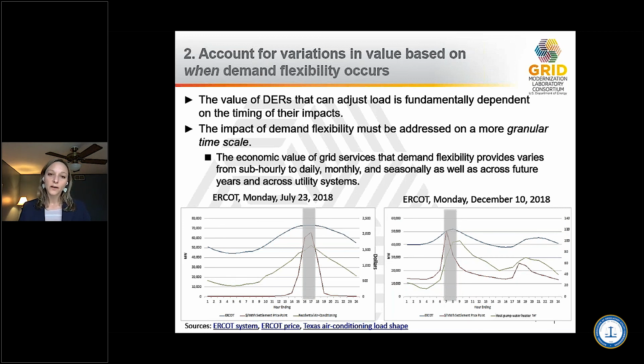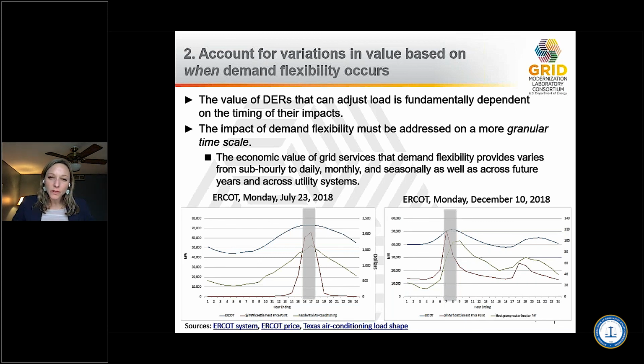And so the value of DER that can adjust load is fundamentally dependent on the timing of their impacts. And implementing enhancements to better account for the time-sensitive value of DERs providing demand flexibility is pretty important to establishing their value to the grid. And so that is an important valuation enhancement that we talk about in the report.